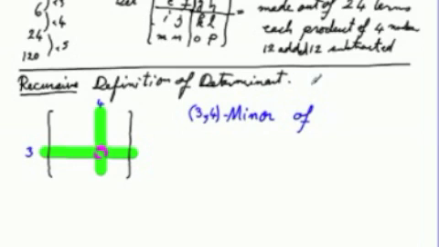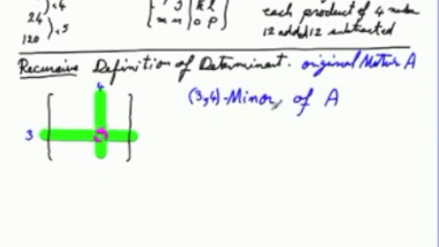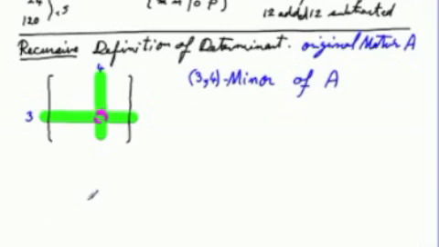So if the original matrix is, say, called A, then a 3/4 minor of A refers to taking these entries out and dealing with a matrix that is one size smaller than the one you have. Now, the idea revolves around using these minors, the smaller size matrices, and then taking off from there.